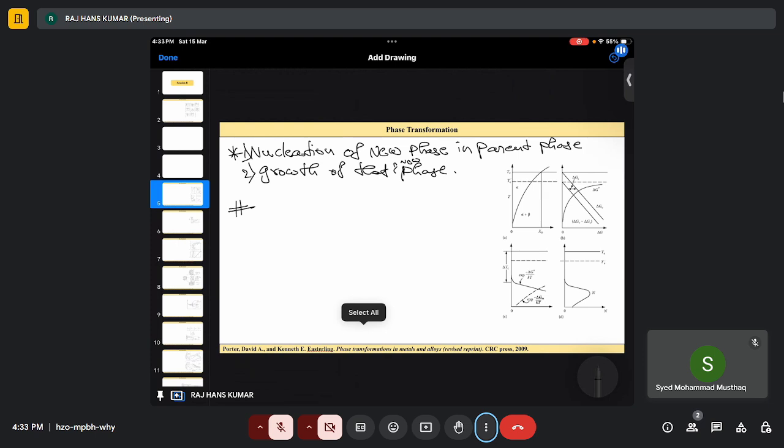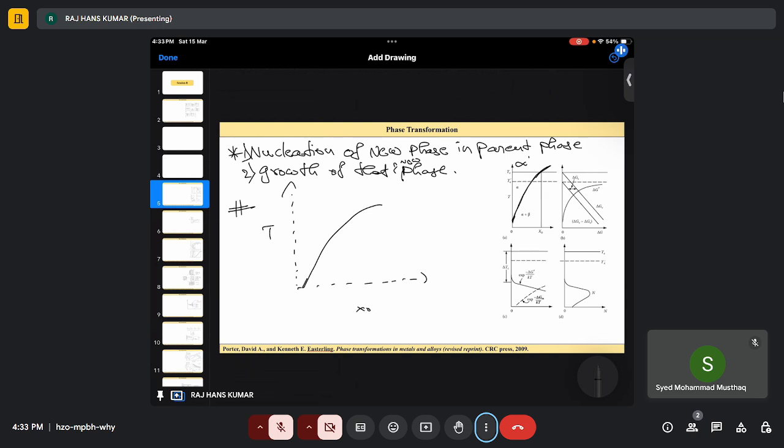Before going to that, let's see what the problem is here. I'm only concentrating on some part of a random phase diagram. Let's say this is my solidus line, which separates two different phases. Here I have alpha, this is my temperature axis, and this is my composition axis.